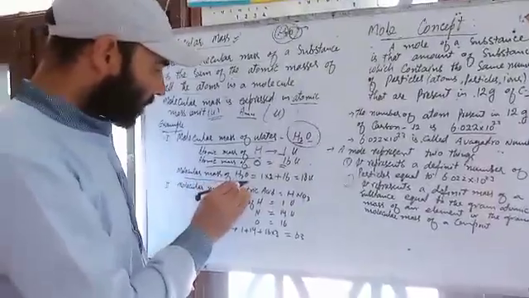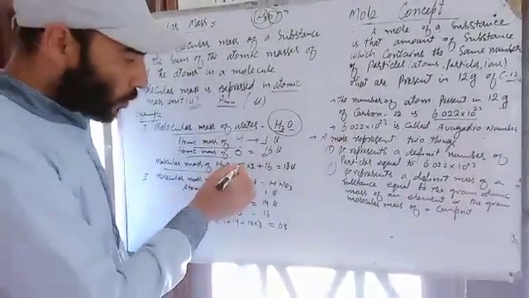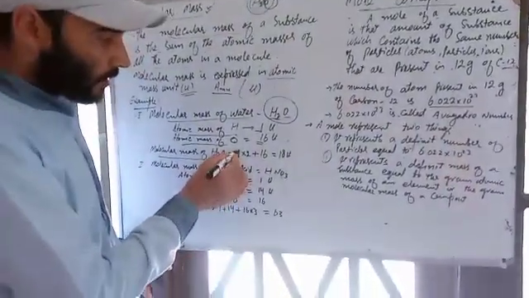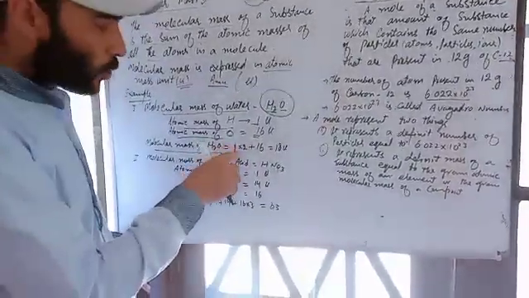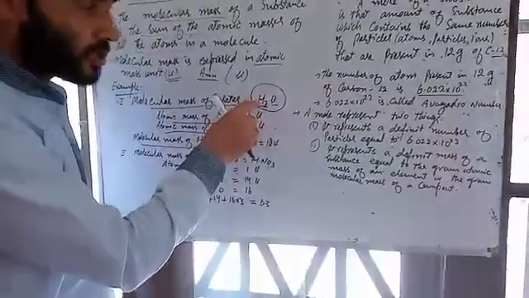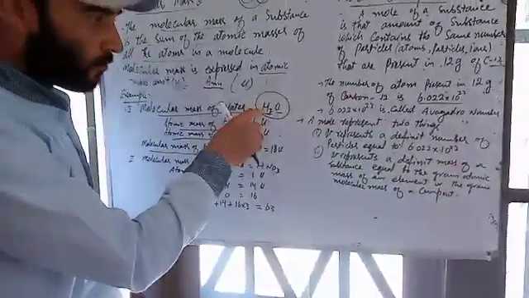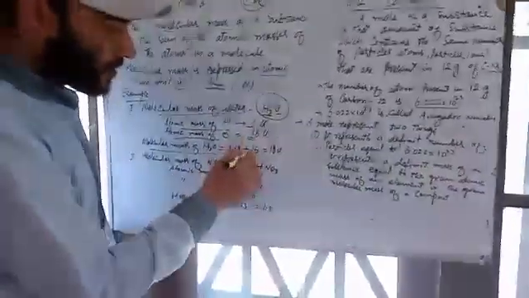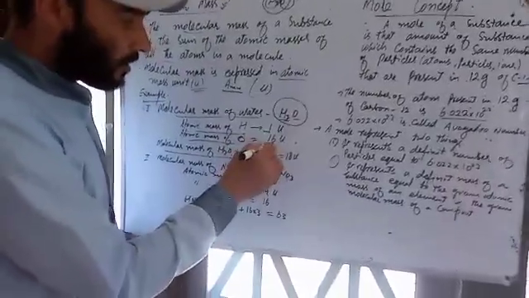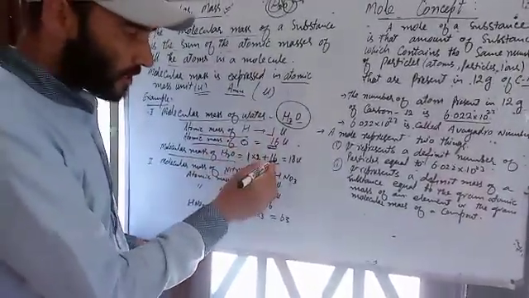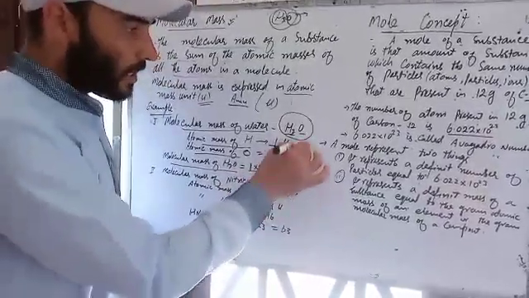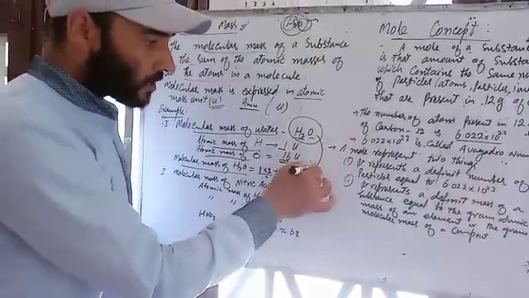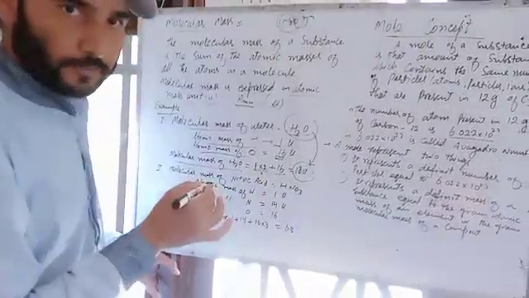Therefore molecular mass of H2O is equal to 1 into 2. That 1 into 2 means 1 is the atomic mass of hydrogen and 2 is the number of hydrogen atoms present in water, plus 16. 16 is the atomic mass of oxygen. 1 into 2 means 2, plus 16, that means 18. Therefore water has molecular mass of 18 U, atomic mass unit.